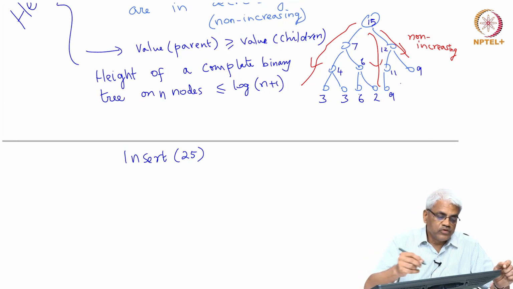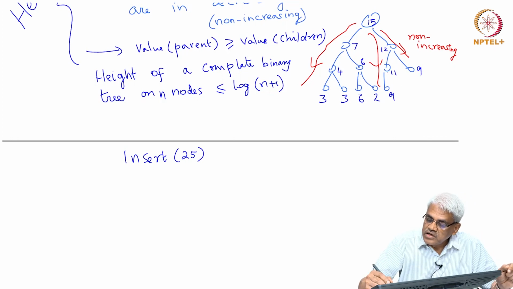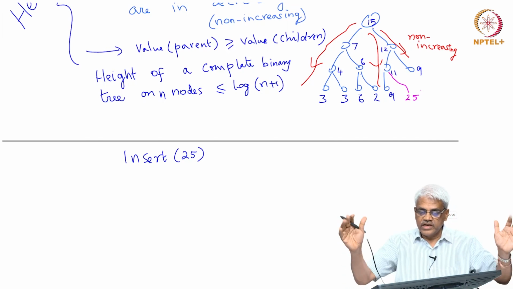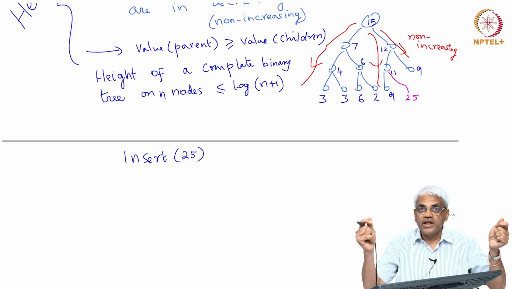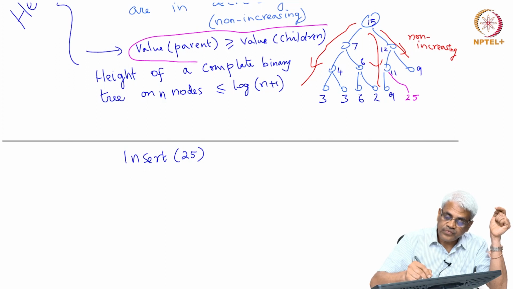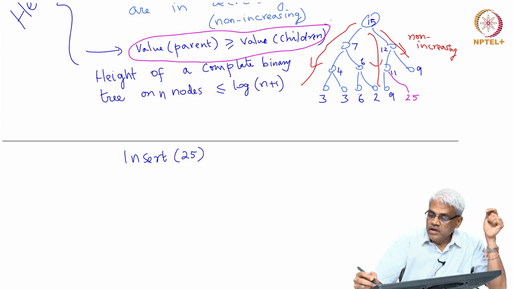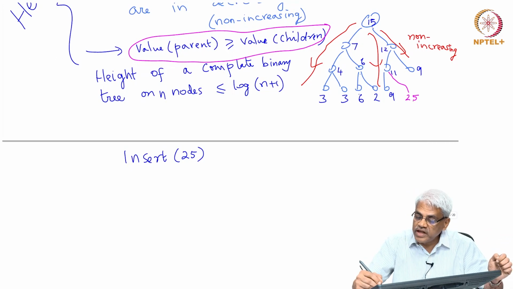So, to insert 25, I have to create a new location and put 25 there. It satisfies the property that my values are stored in a complete binary tree, but it may violate this condition. Well, can it violate arbitrarily? No, the only violation can be with the parent of the newly inserted element.